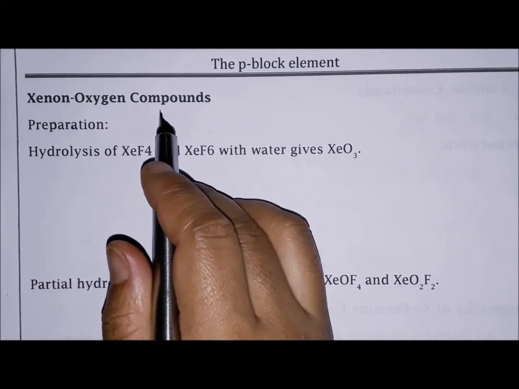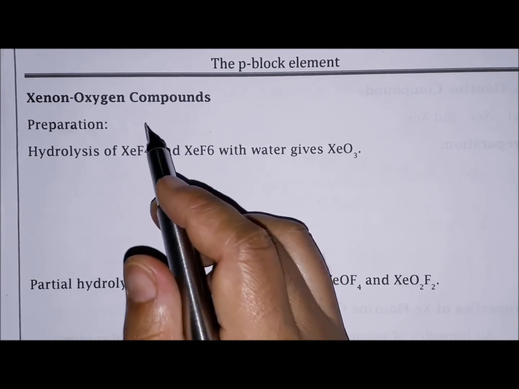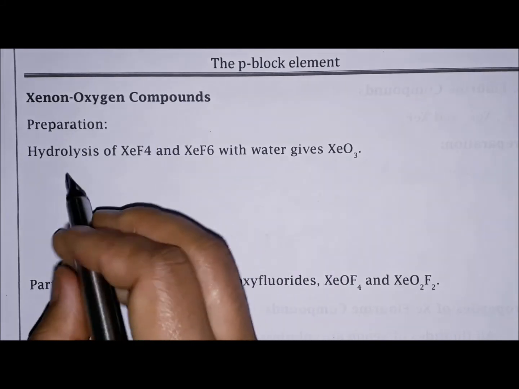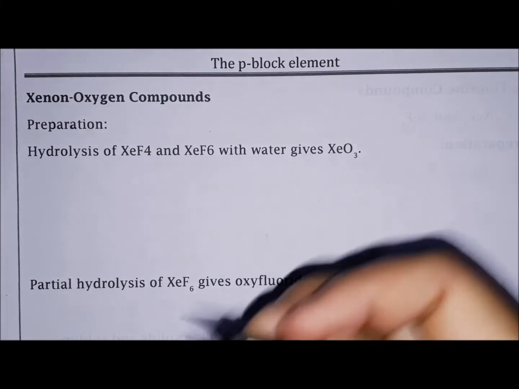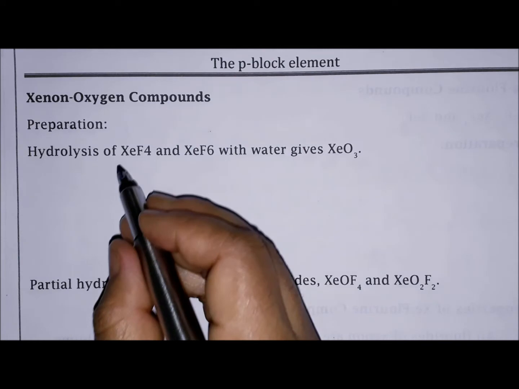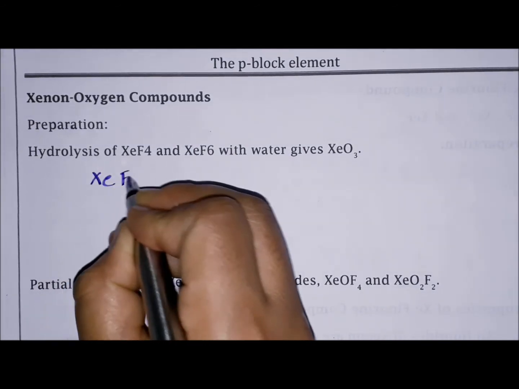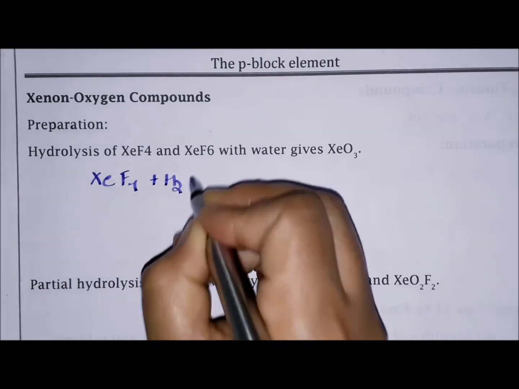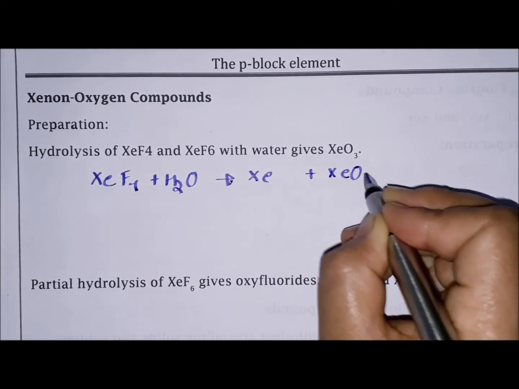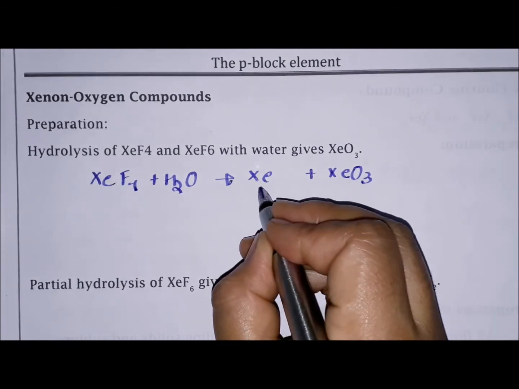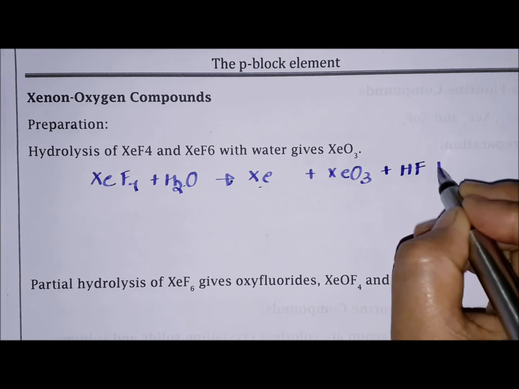Xenon also forms compounds with oxygen, so it can form a number of compounds with oxygen too, like XeO3, XeOF4, XeO2F2. Now, hydrolysis of XeF4 will form your XeO3, and another byproduct is xenon and HF and oxygen.